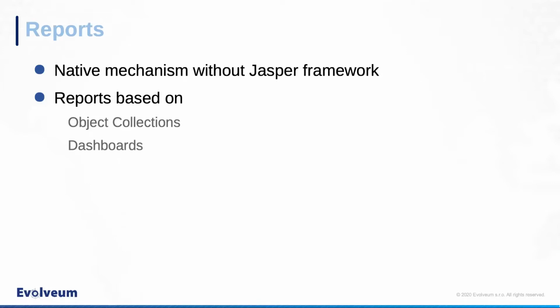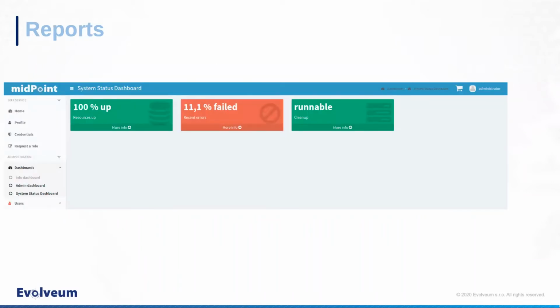Another possibility to define native reports is dashboards. midPoint 4.0 came with an experimental feature called dashboards. These dashboards are configurable and consist of as many different widgets as you configure. The reports based on dashboards work in two ways.